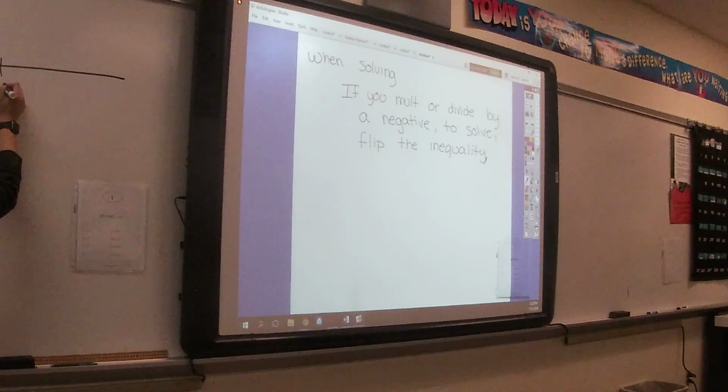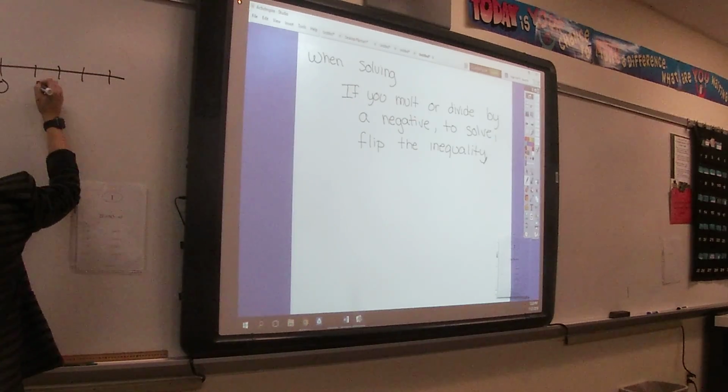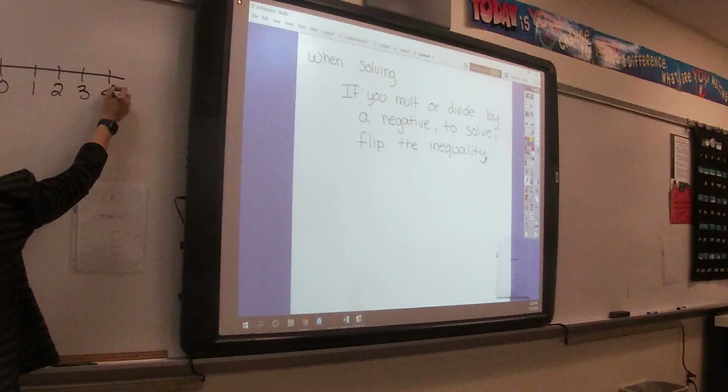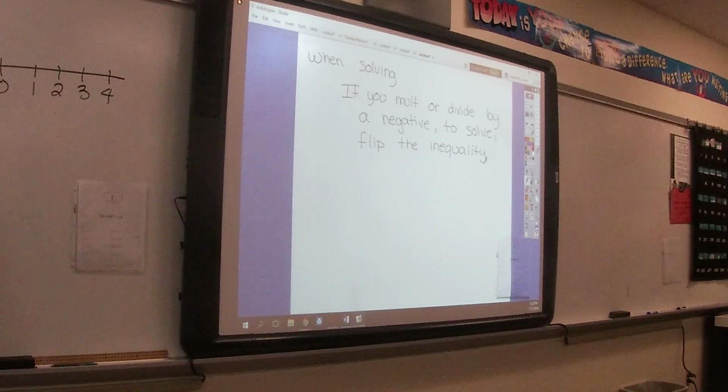Looking here at the negative number line. Okay, do we agree that the positive side of the number line and the negative side of the number line look like mirror images of each other? Yes. Do we agree that this and this look like mirror images of each other?